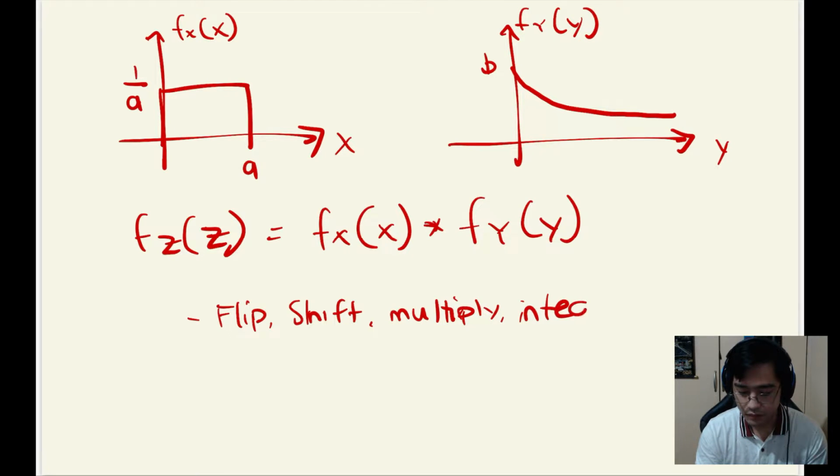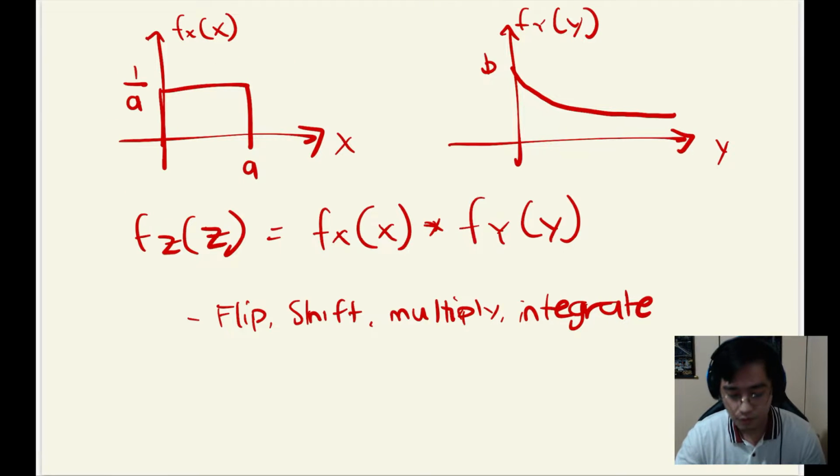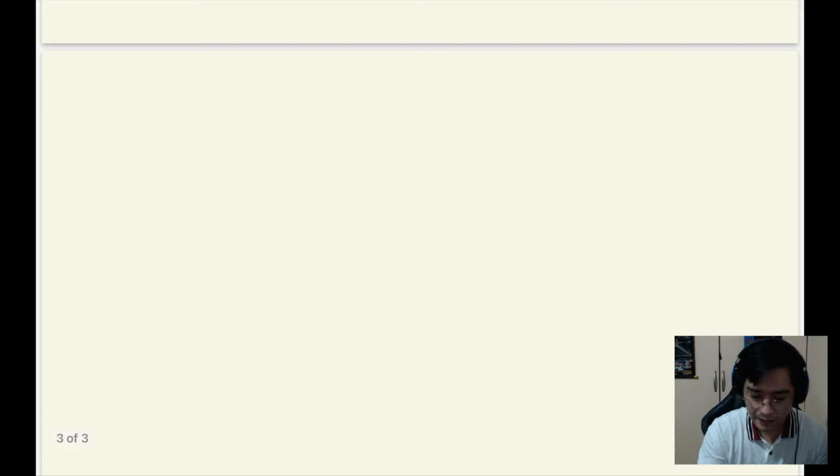So we start with flipping. We choose a specific signal from these two that we are going to flip. Since the uniform distribution is the easier signal to flip, we flip the uniform distribution function.